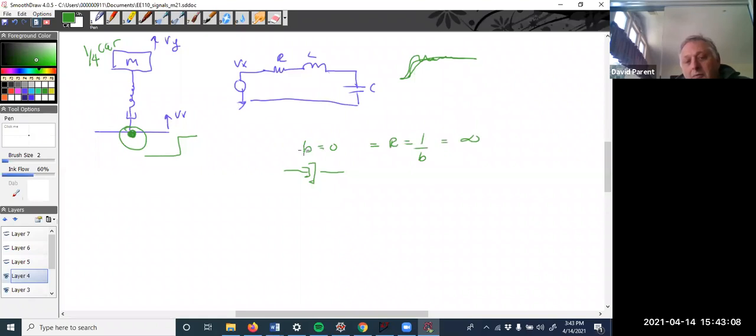So what if this resistor, this damper, what if it failed, right? And now it doesn't pass anything, okay? Right? Well, that would make the resistance infinity.